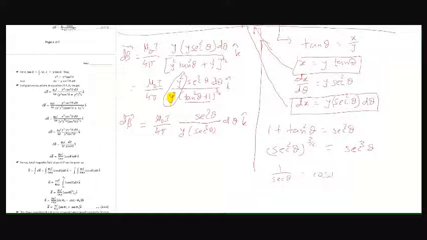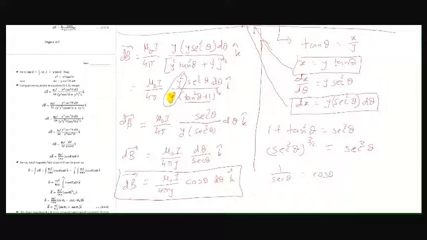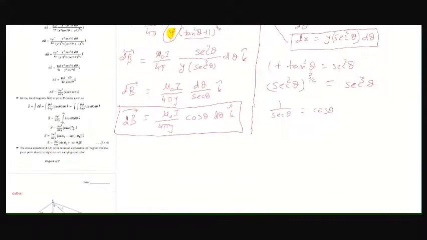It is cos theta. So this dB is now mu 0 I by 4 pi y, d theta by sec theta k cap, or else I can write it as mu 0 I by 4 pi y cos theta d theta. Now if you try to find B, you just have to integrate cos theta, and that is why it is easy if you take help of trigonometry.